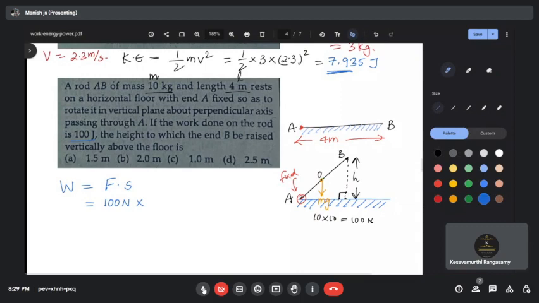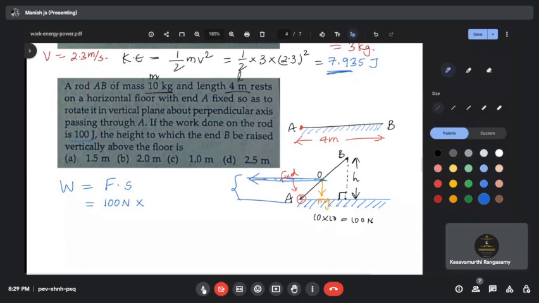So what is the corresponding height to which it is being raised? Anybody? So this point O, this height, the center of mass. So what is the height to which it is being raised? Just the center of mass point. The total length is height h.